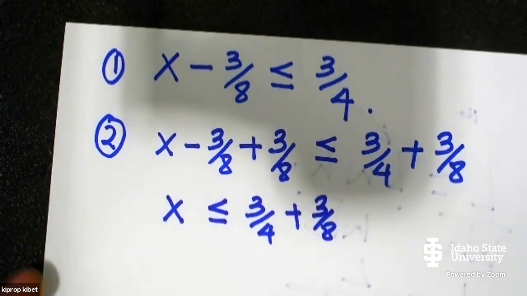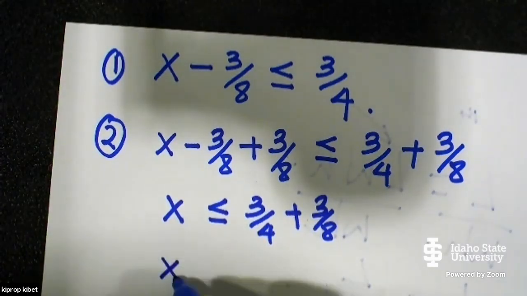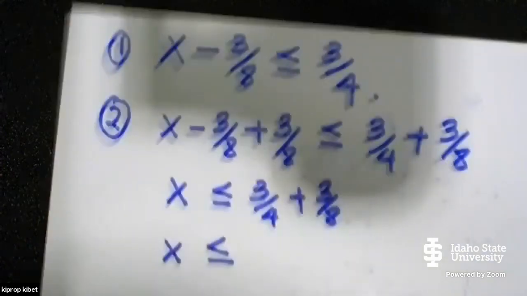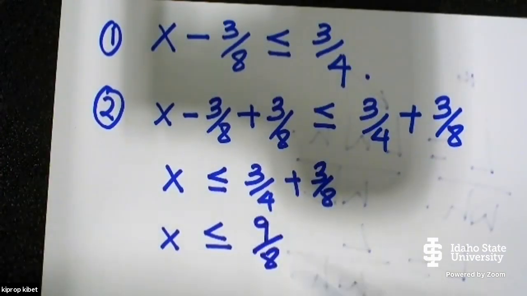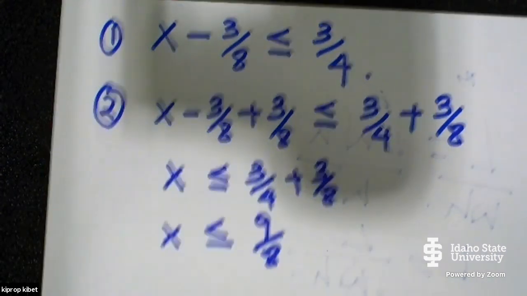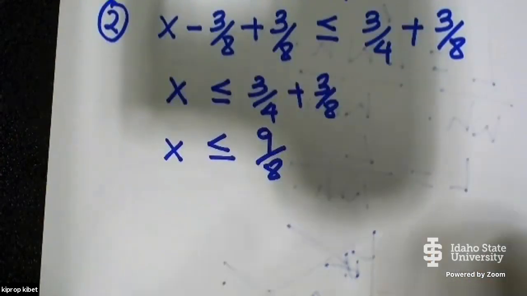What is 3 over 4 plus 3 over 8? So x is less or equal to what? 9 over 8.